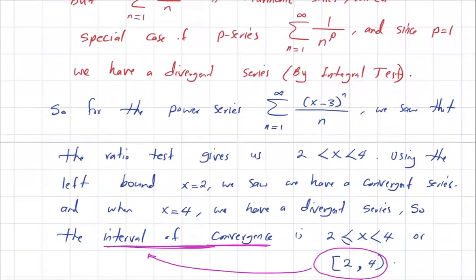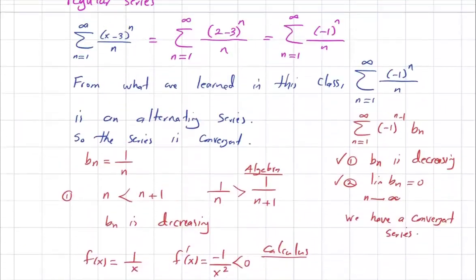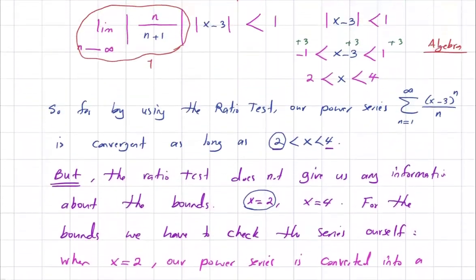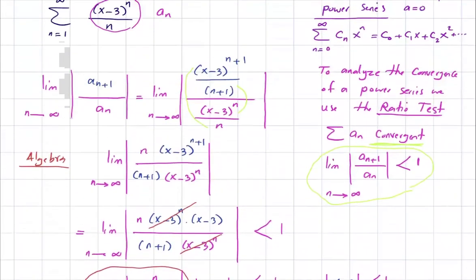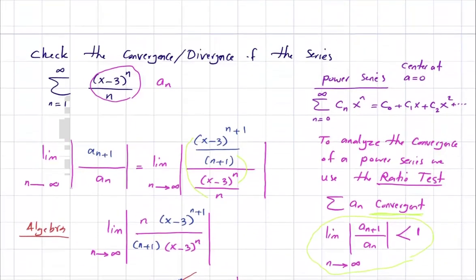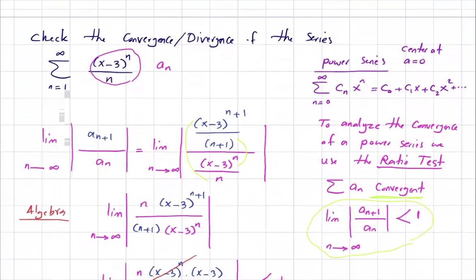Let us recap what we did. We have the following power series. We want to analyze the convergence and divergence of this power series. You have x minus 3 to power n divided by n. The terms of this power series in expanded form can be written as c sub 0 plus c sub 1 x plus c sub 2 x squared, and so on.